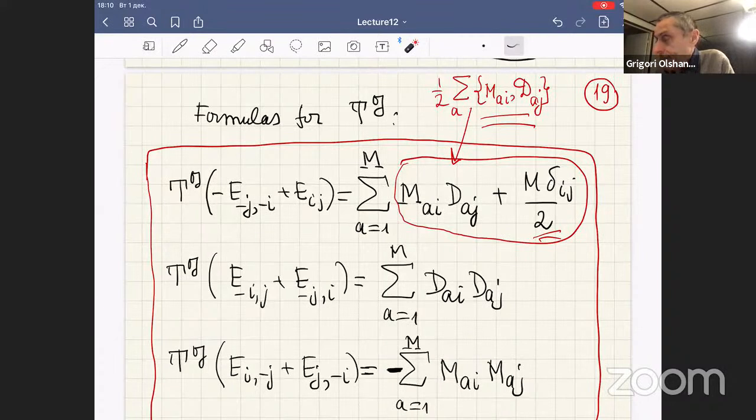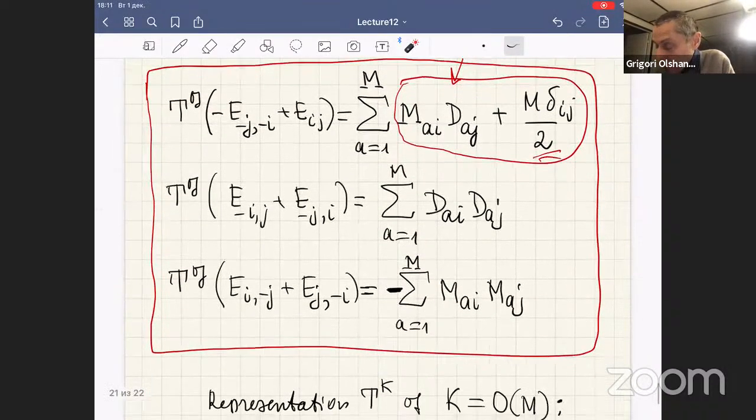And one can directly verify that this expression respects the commutation relations between these generators of the symplectic Lie algebra. So we indeed get some concrete realization of this symplectic Lie algebra by quadratic expressions in the M and D operators.